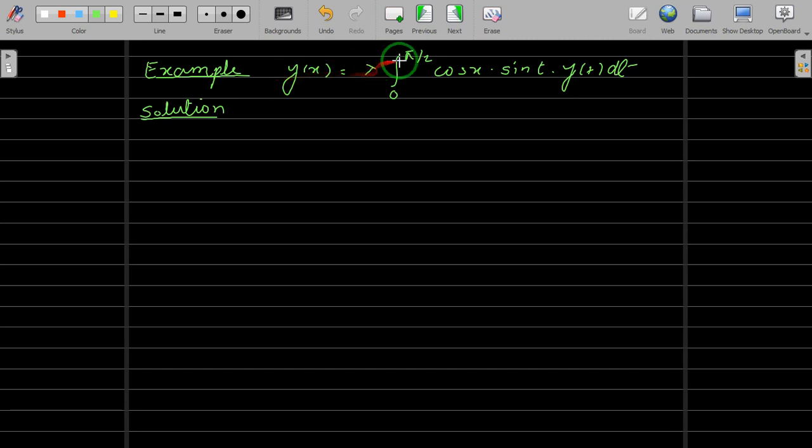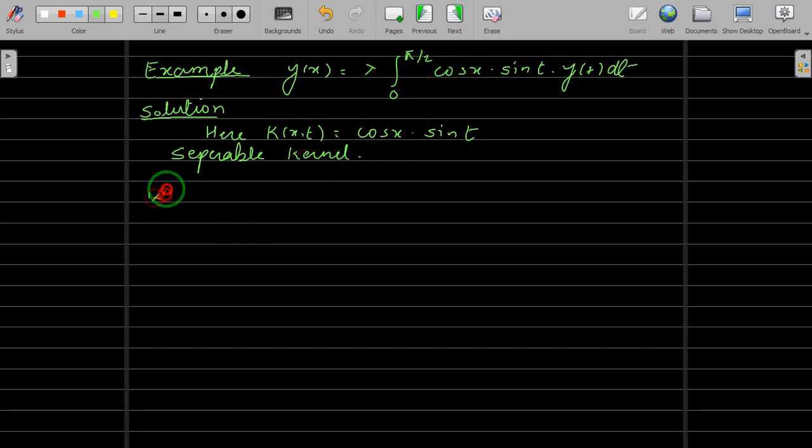That means it's a homogeneous Fredholm equation of the second kind, and our kernel k(x,t) is nothing but cos x sin t, and definitely it's a separable kernel in which the summation has only one term, with a1(x) being cos x and b1(t) being sin t. So this is a separable kernel.